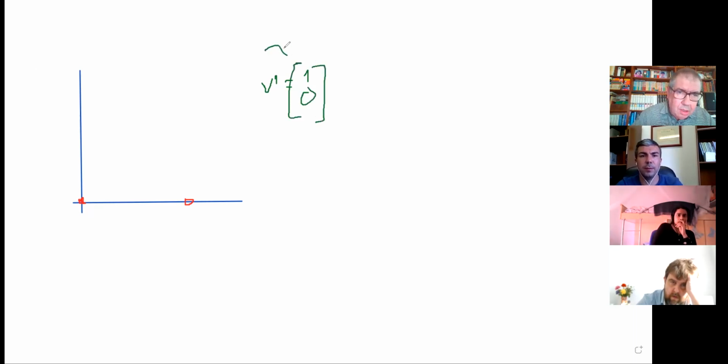And lambda 1 was what? Minus 1. And then we have lambda 2 equals 1 over 2, and V2 is minus 1/3 over 1.